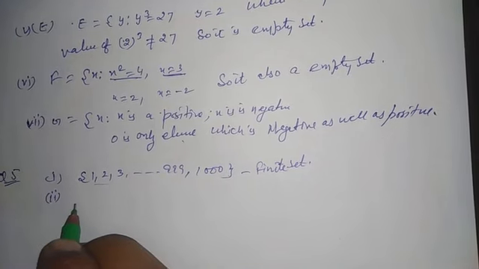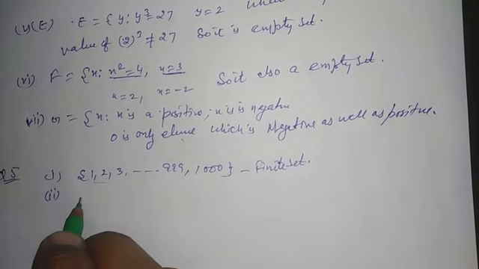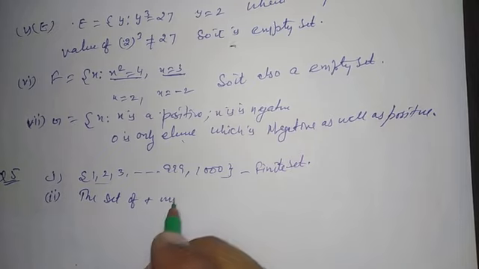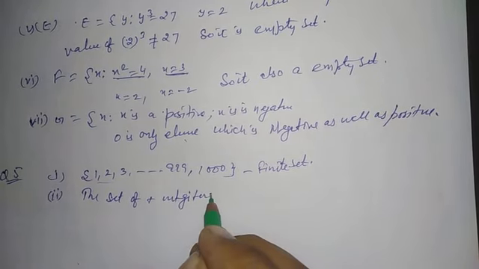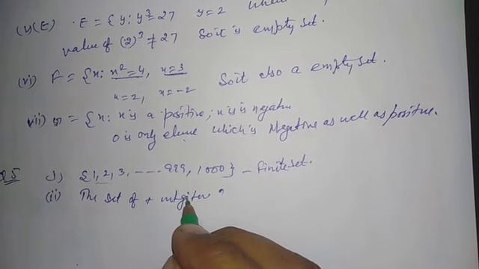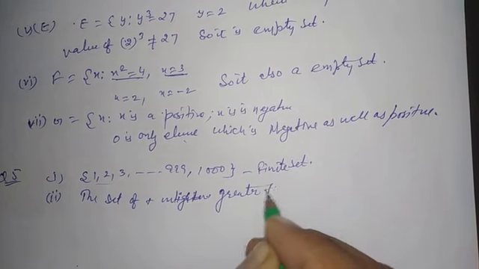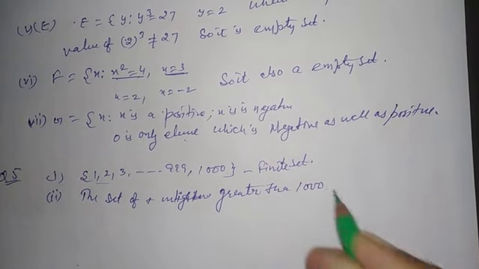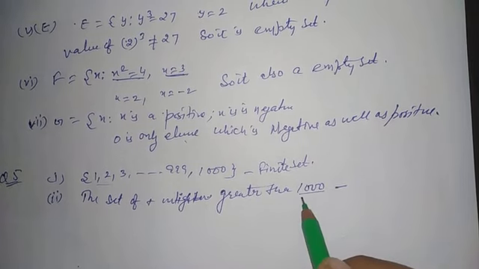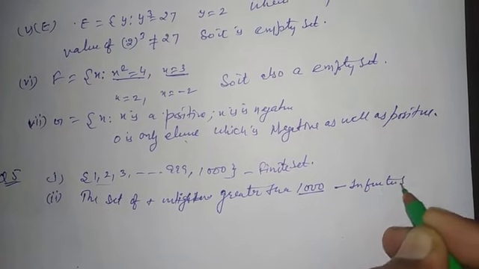Second part, the set of positive integers greater than 1000. Many more integers are greater than 1000, so it is an infinite set.